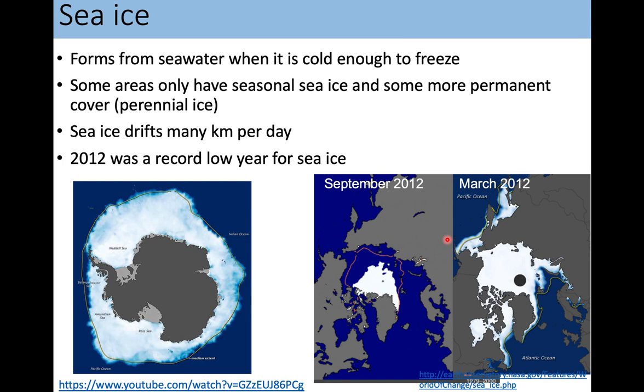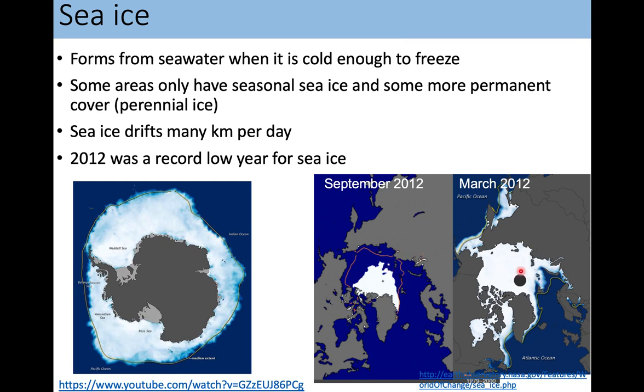So sea ice forms when the ocean is actually cold enough to freeze. It doesn't happen everywhere, of course. This is only in very extreme cold. Some areas have seasonal sea ice, so sea ice forms every winter and then it disappears. So you'll notice here, this is the March extent at the end of the winter season, and then the September extent at the end of the summer season.